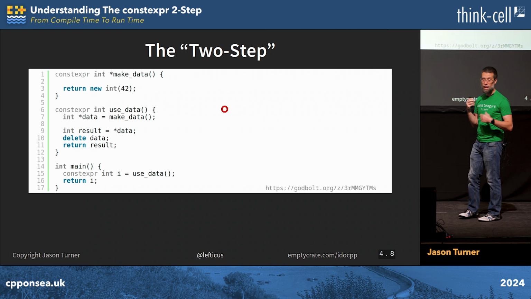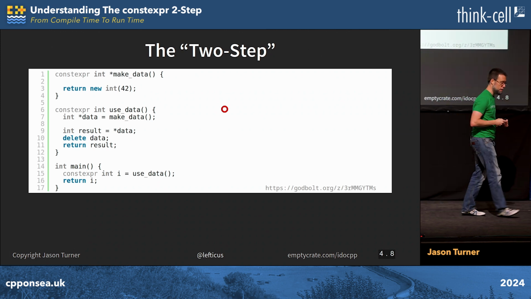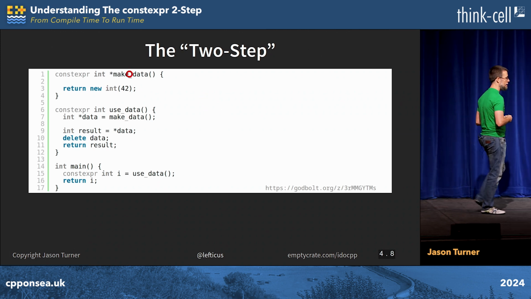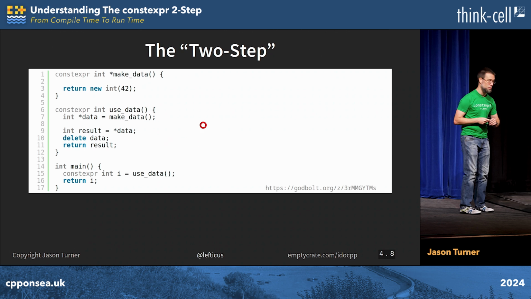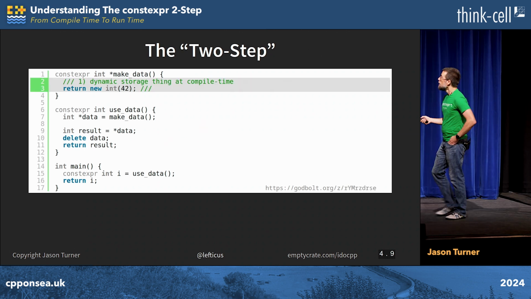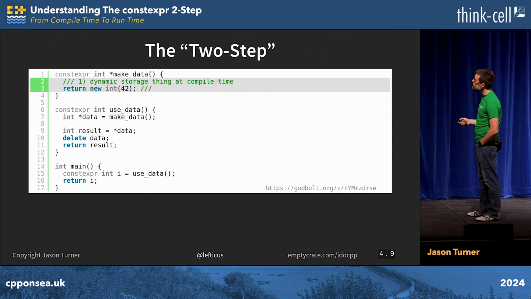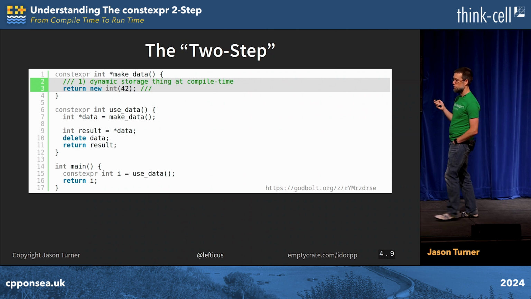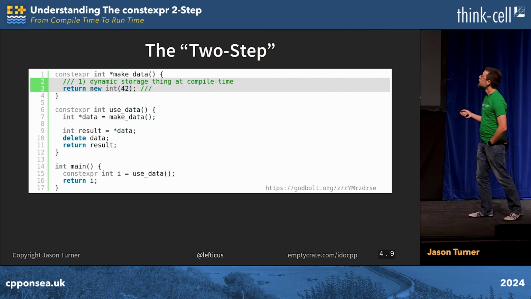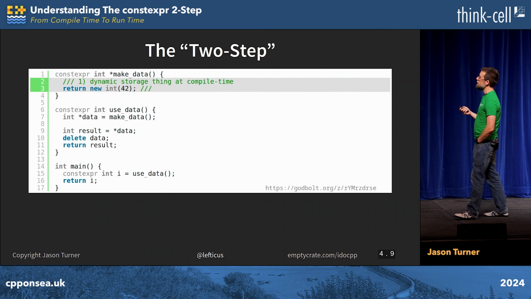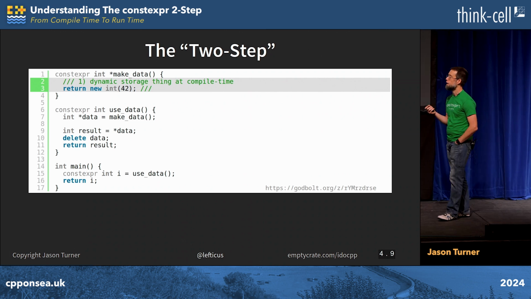Here is a way to make this valid. And this is what I have decided I want to call the constexpr two-step. I have slides that break this down. Look, I can highlight the code. I do something with dynamic storage at compile time.